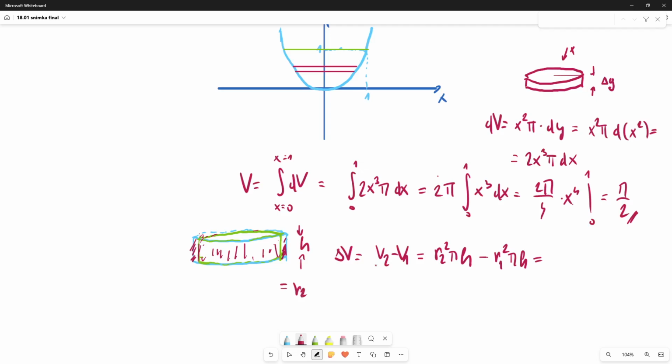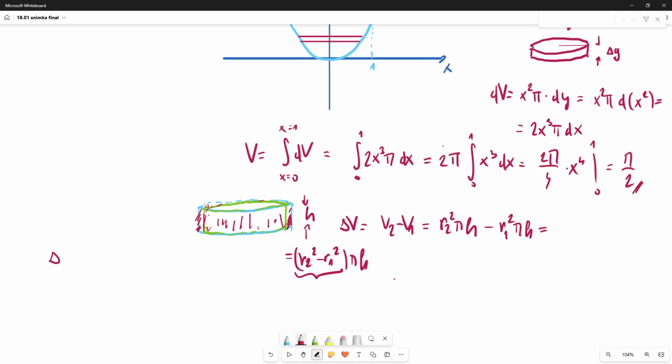So this is R2 squared minus R1 squared times pi times h. And if we mark the difference between squared radii of the cylinders as delta of R squared, then we can write this down as delta R squared times pi times h.